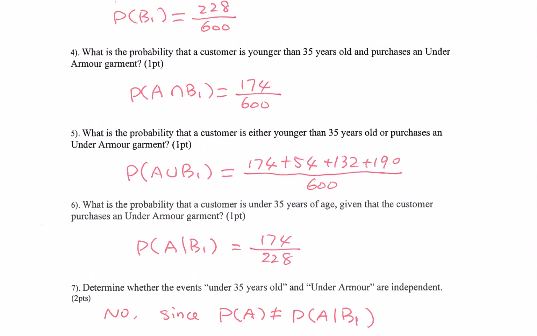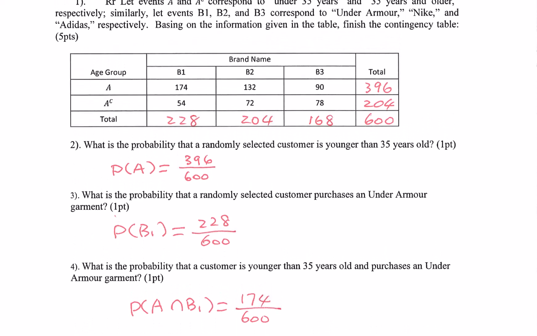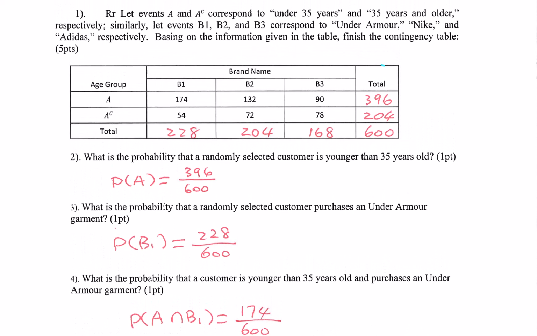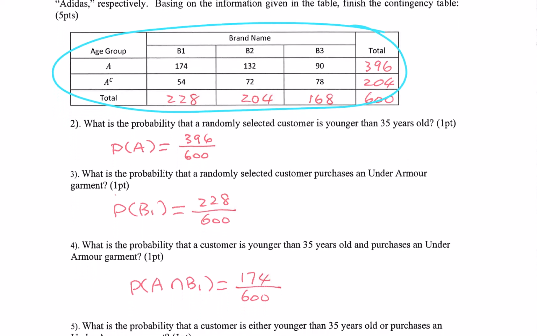Okay, so this question shouldn't be that hard, as long as you finish this guy first, right? And then just calculate the corresponding probabilities accordingly here, okay? So the only thing I want to say something about is question number 4, right? What is the probability a customer is younger than 35 years old, and there's a clear indicator for what? Intersection, okay?